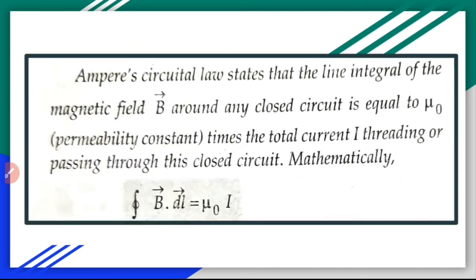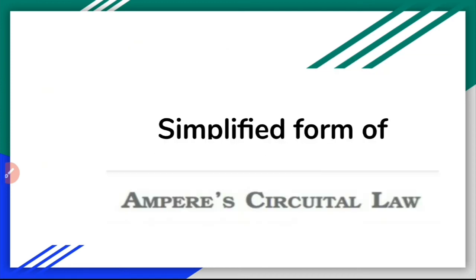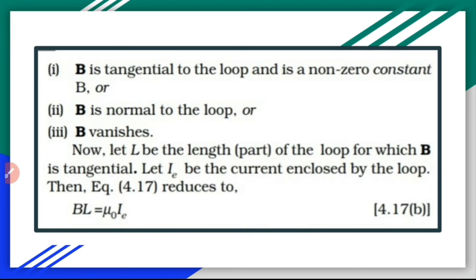Now coming to the simple version of Ampere's Circuital Law, in that we assume only a closed path, a closed loop only we will consider. In the beginning we considered an open surface, and as a part of the open surface we had a closed boundary.